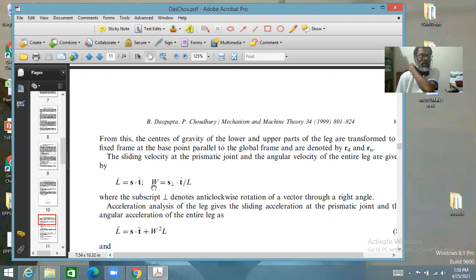So we talk about the angular velocity of the leg by this W. So this is basically W1, W2. That angular velocity into L will be the velocity of the platform point or end effector point in the direction perpendicular to the leg.